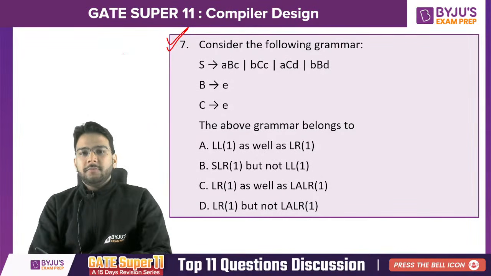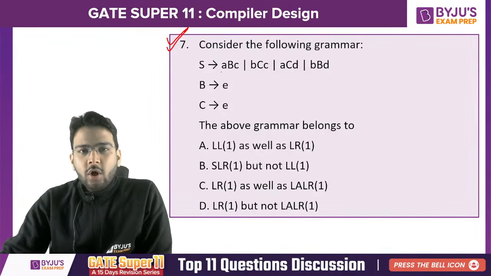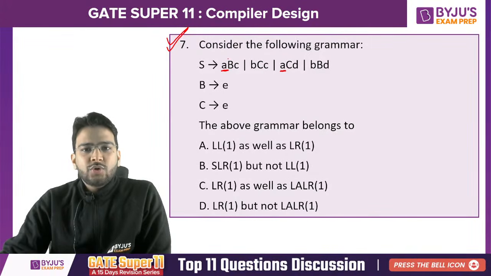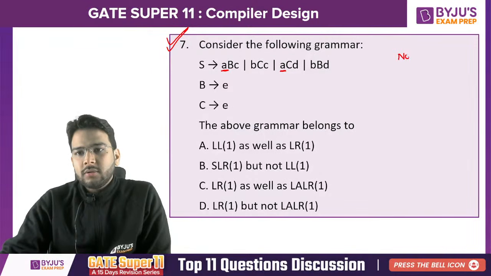So if you talk about LL1 first, if you take first of this intersection first of this, so A is common. So you can clearly say it is not LL1. Yes or no? It is not LL1.